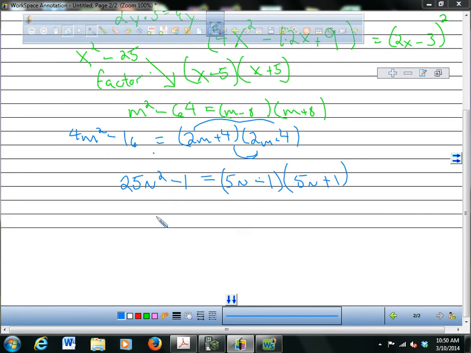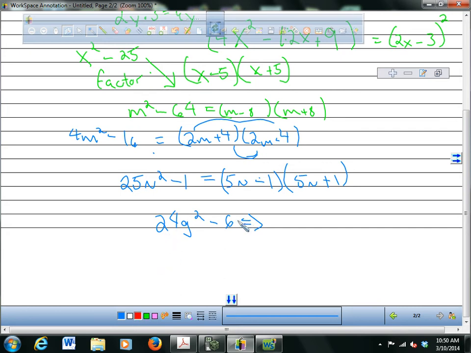So what if I saw something like this? 24g squared minus 6. And you say, I have no idea what to do there. Keegan, there's a common factor in here, okay? What goes into 24 and 6? 6. So what I do first, if I see something like this, is I pull out a 6.